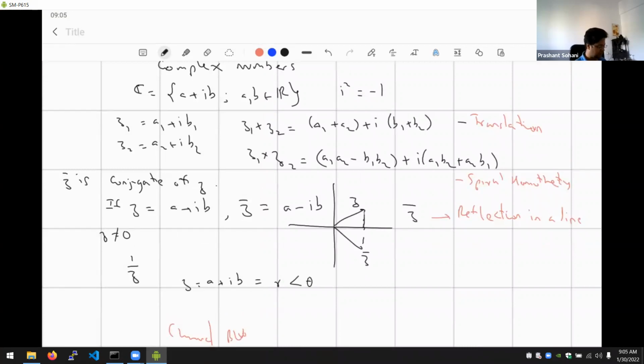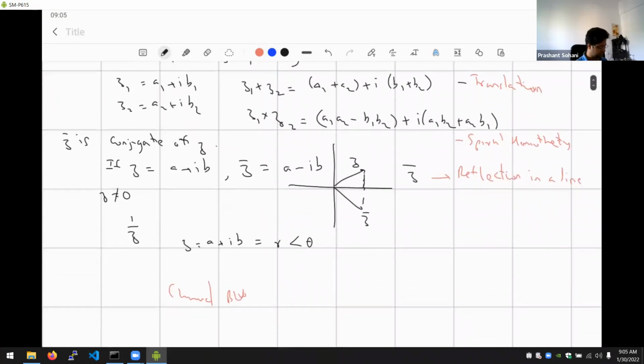And last time we saw how to convert back and forth between the polar version and the Cartesian version. So if we represent z in this way, what will be 1 by z in the polar domain? It will be 1 upon r angle minus theta.